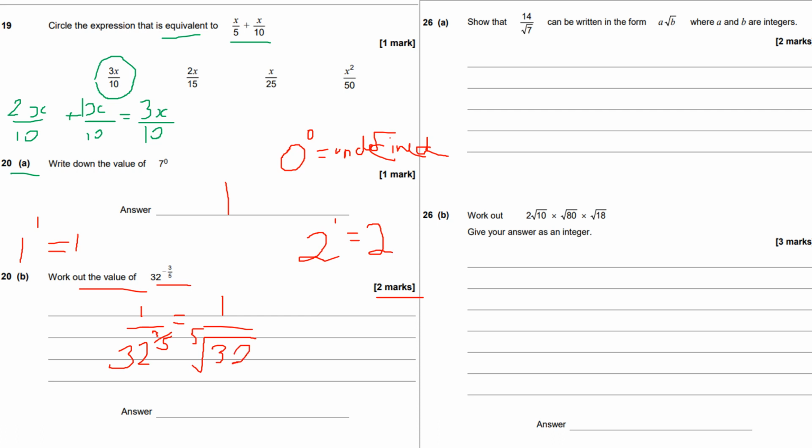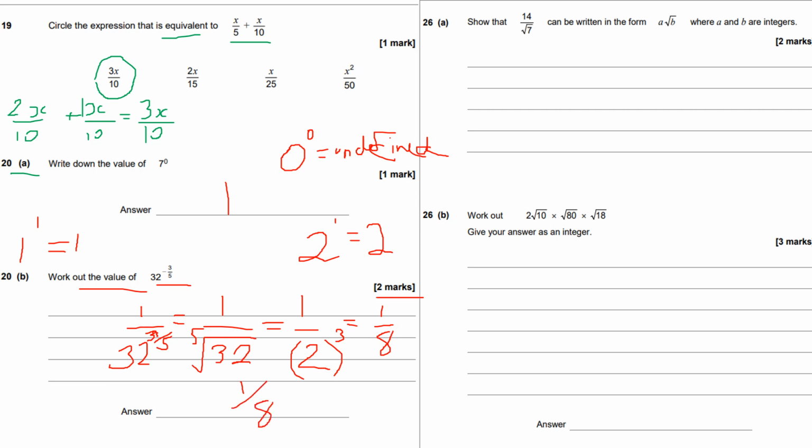So what number do I times by itself 5 times to get 32? That will be 2, because 2 times 2 times 2 times 2 times 2 is equal to 32. So I'm going to have 1 over 2, and I'm going to raise it to the power of the numerator. So I'm going to raise this to the power of 3, or I'm going to cube my answer. So I get 1 over 8. So my answer is just 1/8.